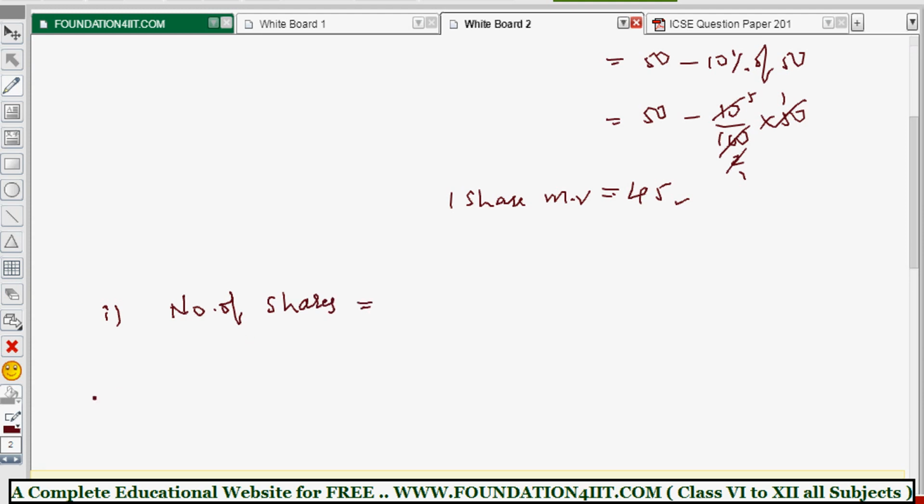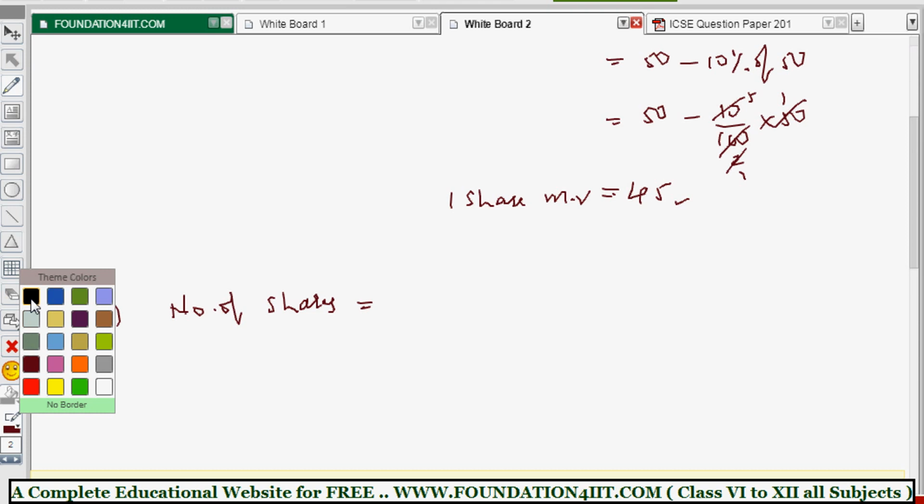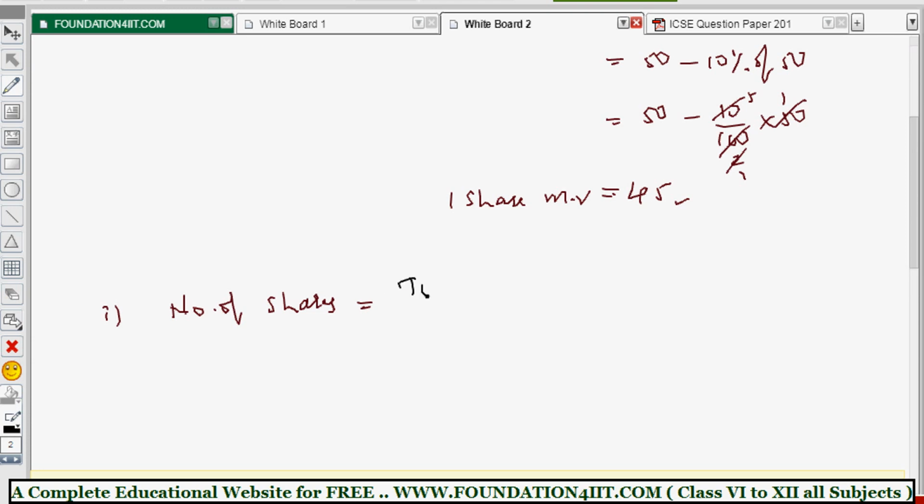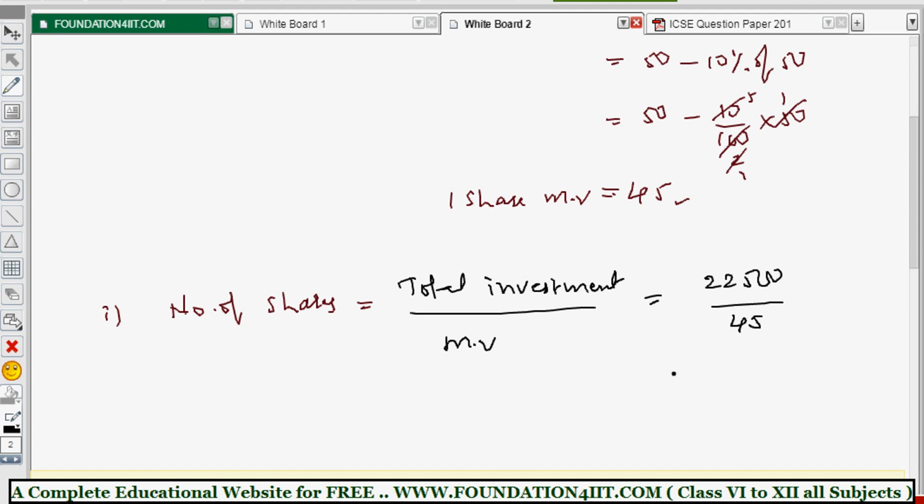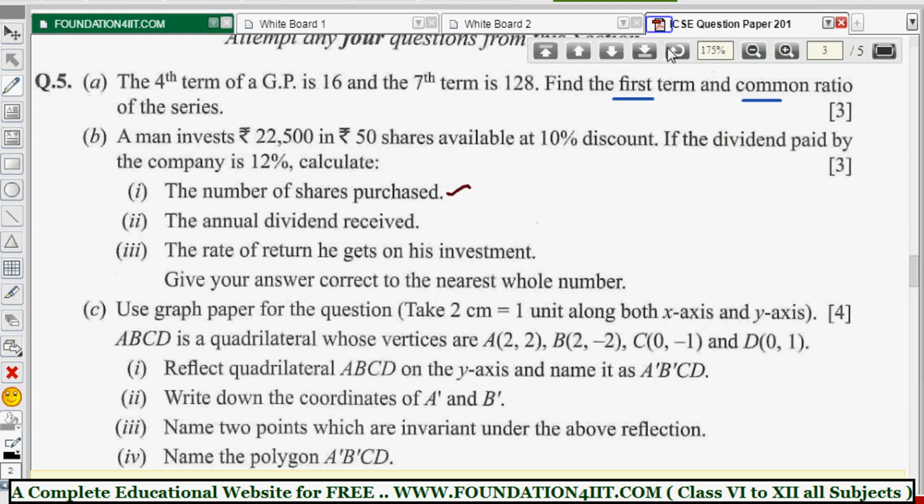Number of shares is equal to, this is the formula, total investment by market value of one share, because investment on one share means market value on one share. Total investment is 22,500 and market value of one share is 45. So 45 5s are 225, that is 500. 500 is the number of shares, and this is the first answer.